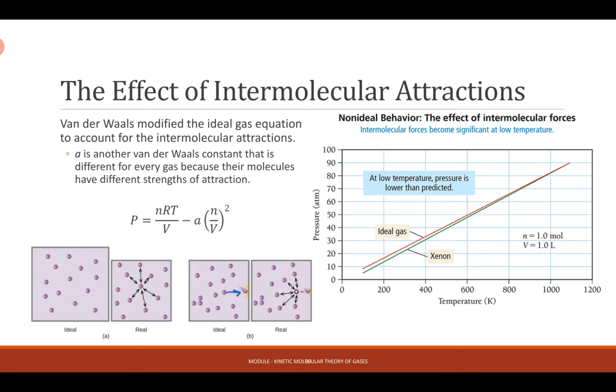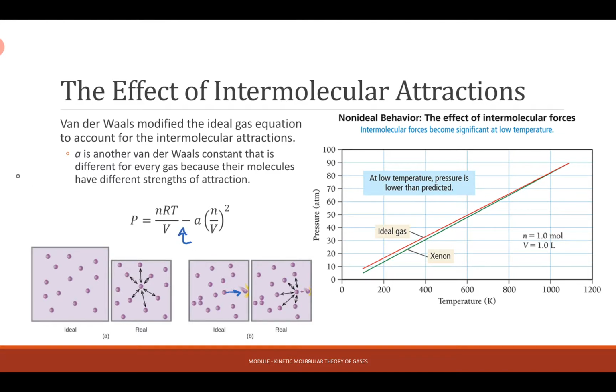But in a real gas, as it slams into the sidewall, now we have all these attractive forces pulling back on it, saying, no, don't hit the wall. And so it's like, all right, well, I'm still going to hit the wall, I just won't hit it as hard. And since it's not going to hit the sidewall as hard, then that means our pressure is going to be lower than ideal. And so here we have a subtraction correction.